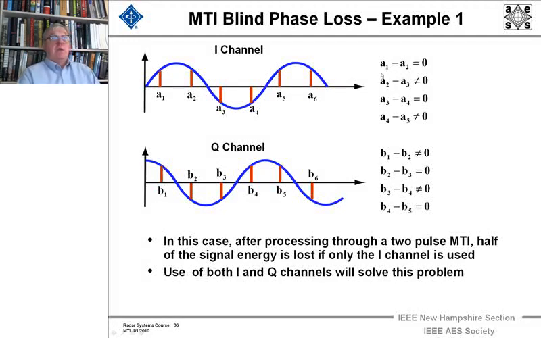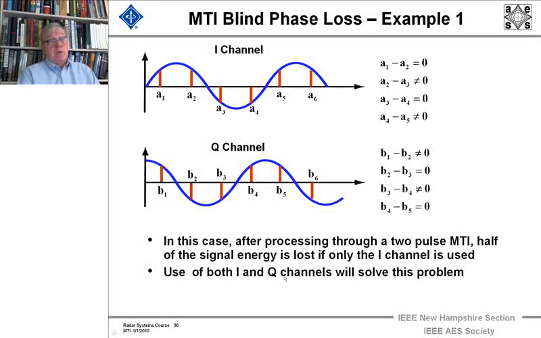So then say we subtracted just the A channel adjacent pulses, we get 0 in 2 of them, and we get non-zero terms in the other 2, which would allow us to do some MTI processing. But we're losing information. And say down here in the Q channel, the same thing happens. We're losing about half the information because we're only using one of the two.